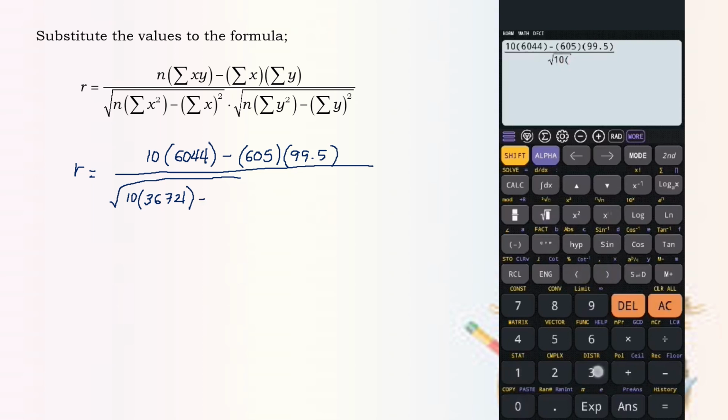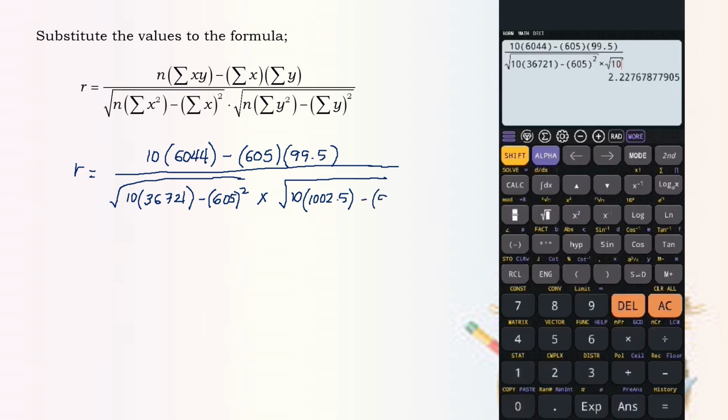Minus the summation of x, squared. These are different, okay? When we say summation of x and then square it, this is 605 squared, times the square root of 10 times summation of y squared, which is 1,002.25, minus summation of y, which is 99.5, and then squared.